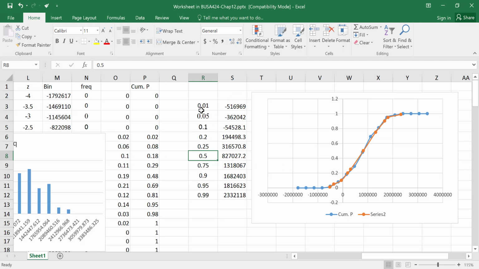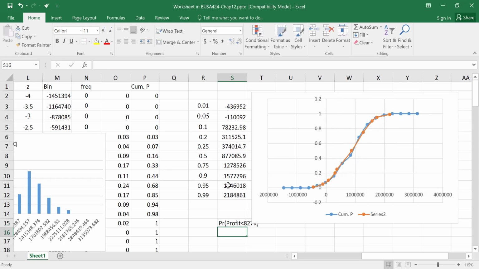So this means basically what is the percent of the time or chance that we get this value or less. Basically, this represents the probability of the profit being less than this value, 827k. So this is the value that we are getting by percentile.